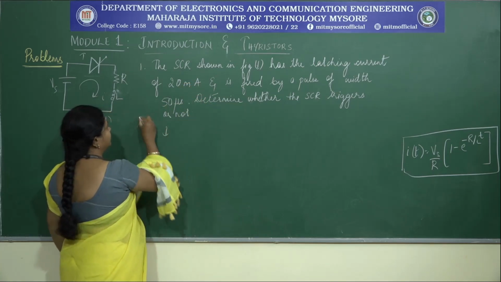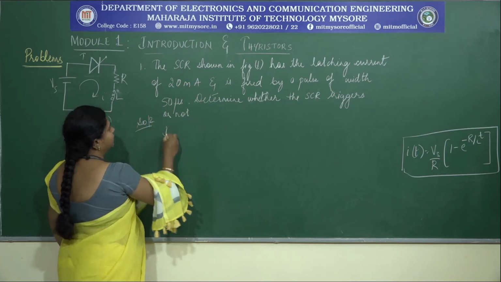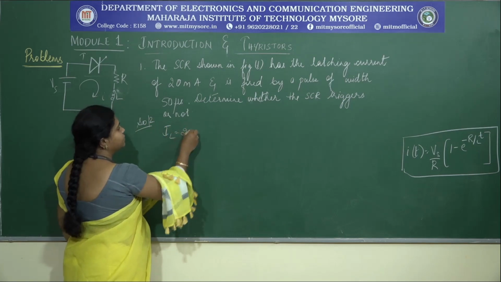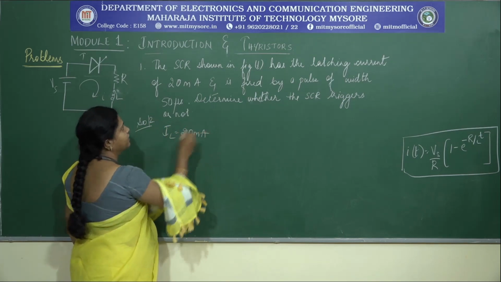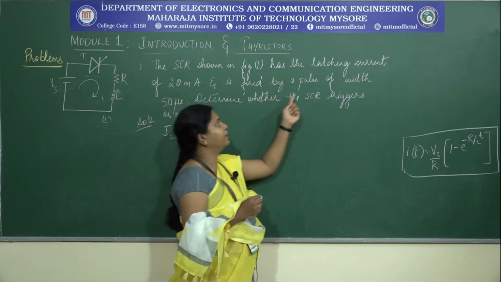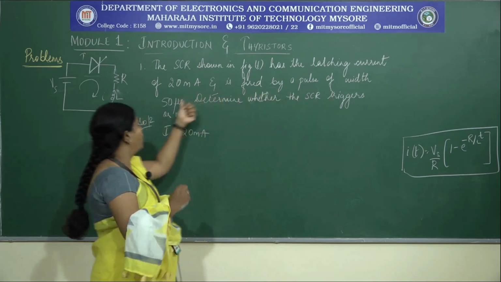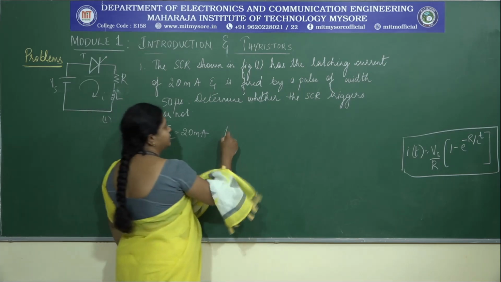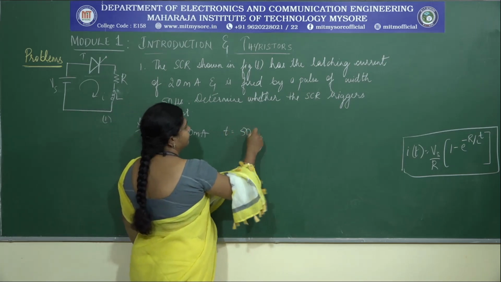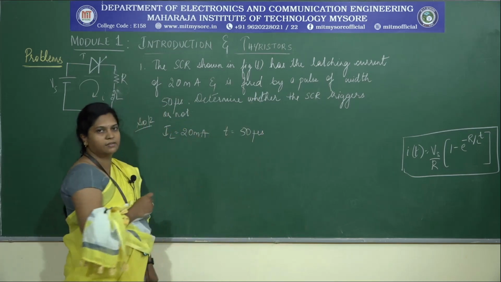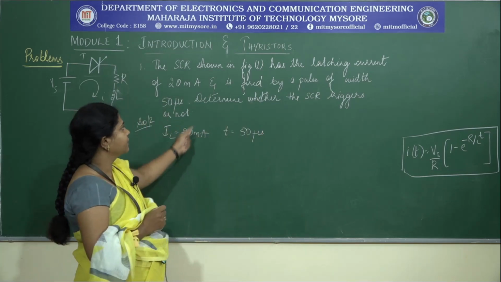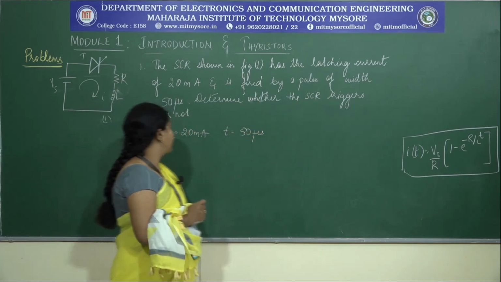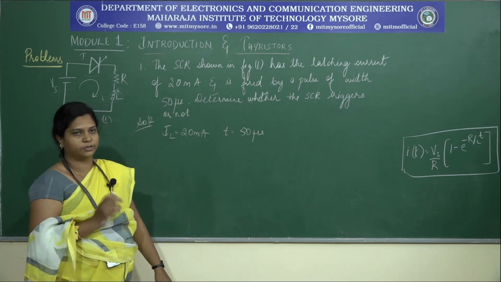Let us say the solution: latching current is 20 milliamperes and is fired by a pulse of width 50 microseconds. Pulse of width means, let us say T is 50 microseconds. This is a firing pulse. Determine whether the SCR triggers or not.